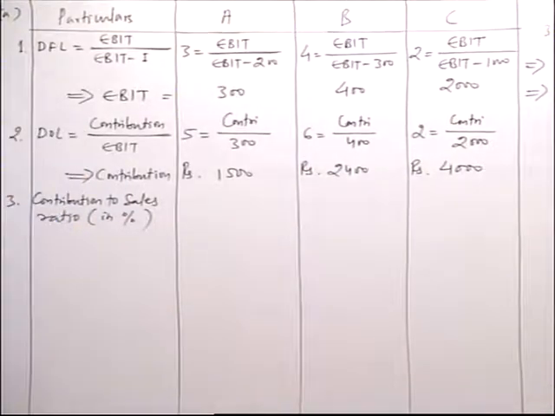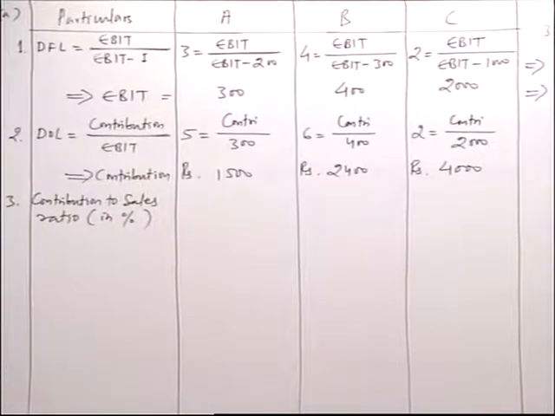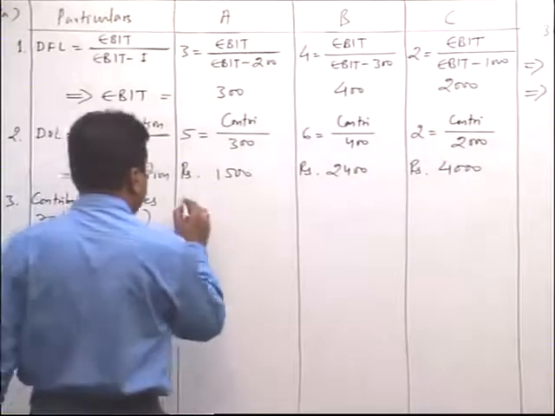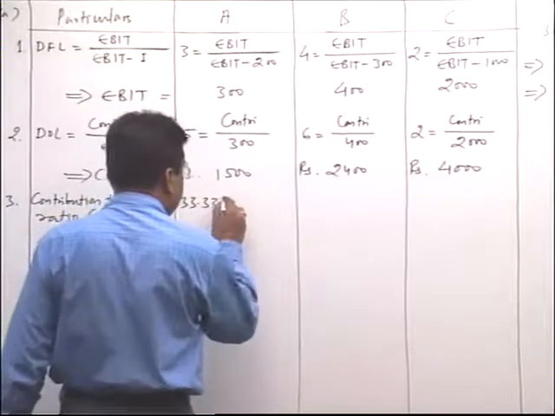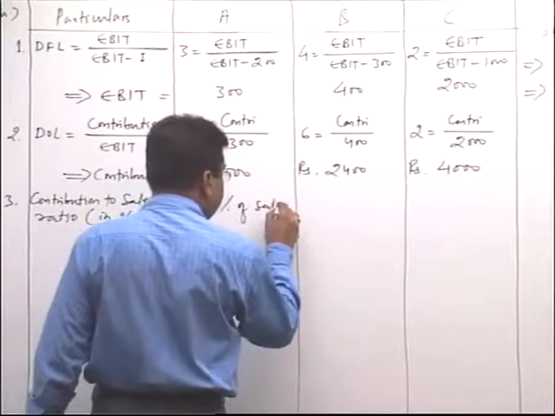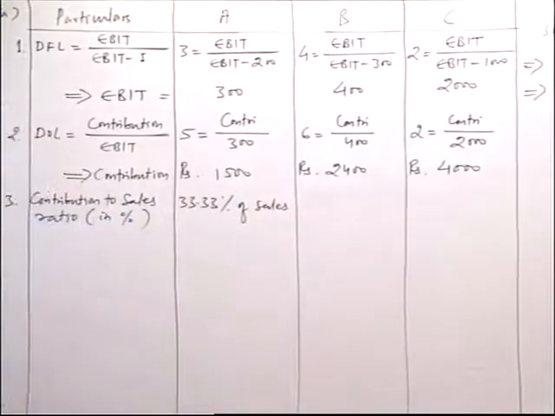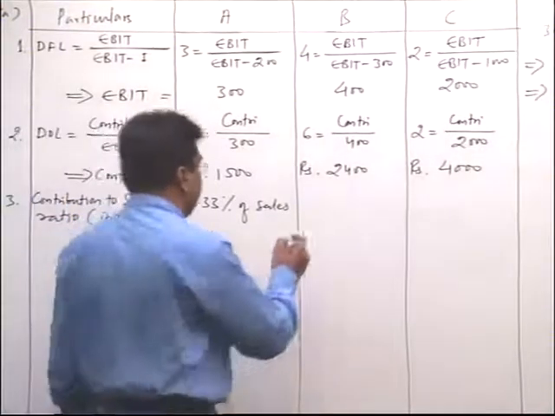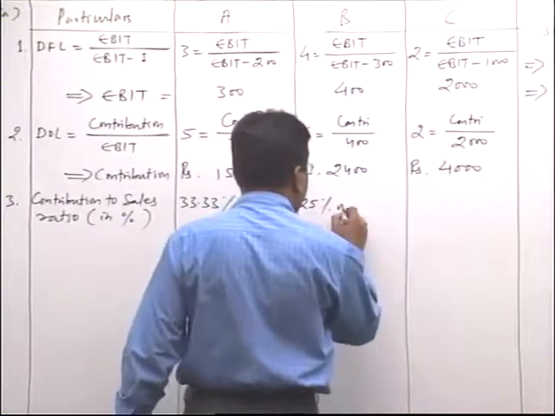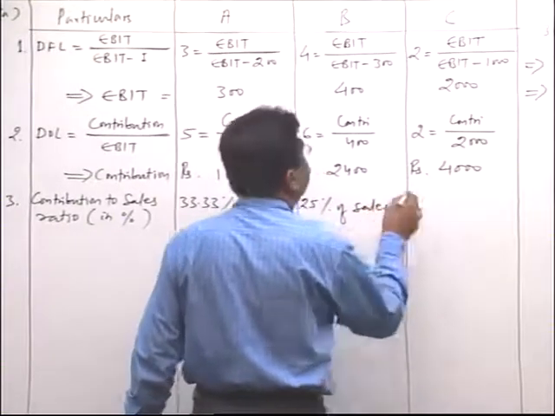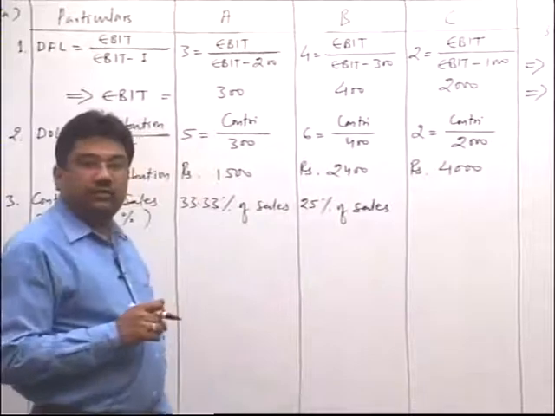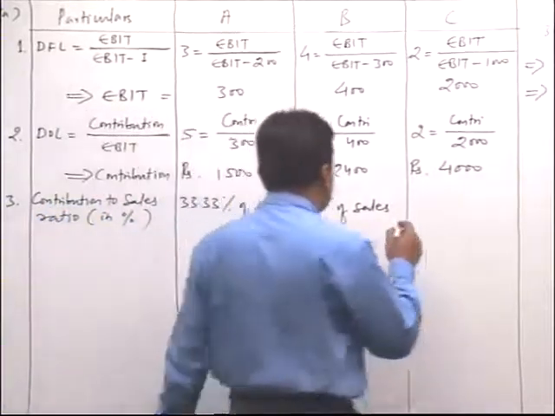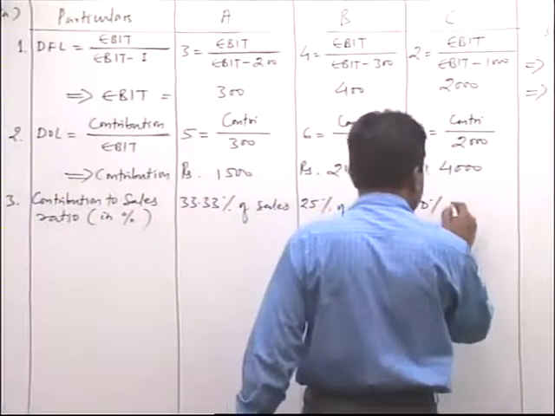In case of company A, if the variable cost is 66.67%, then the contribution will be 33.33% of sales. Same way in company B, variable cost to sales is 75%, so contribution will be 25% of sales, and in company C, variable cost is 50% of sales, so contribution will be 50% of sales.